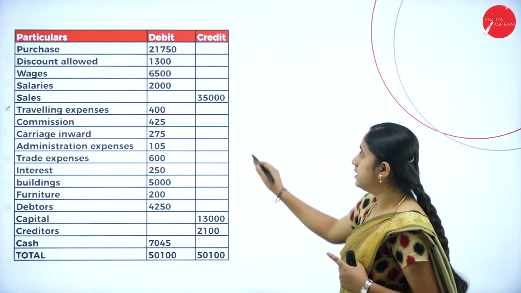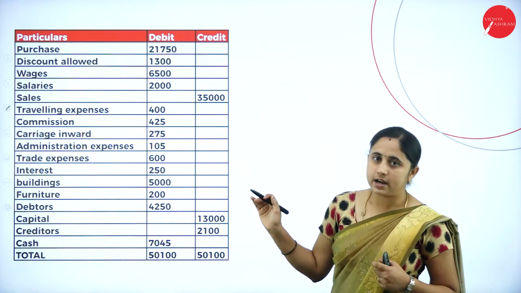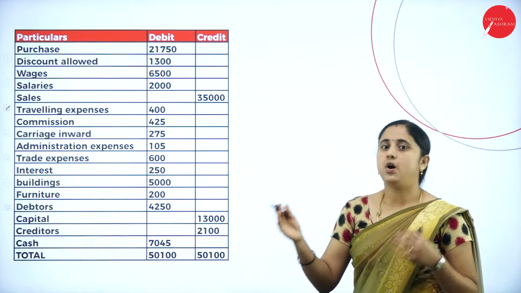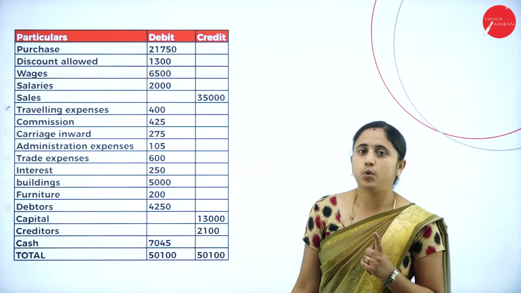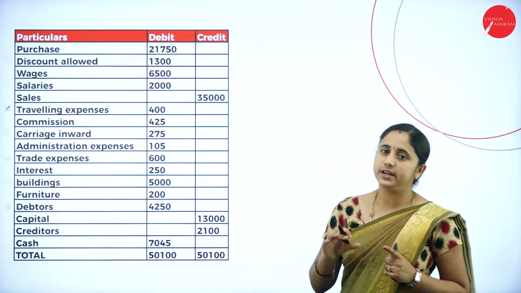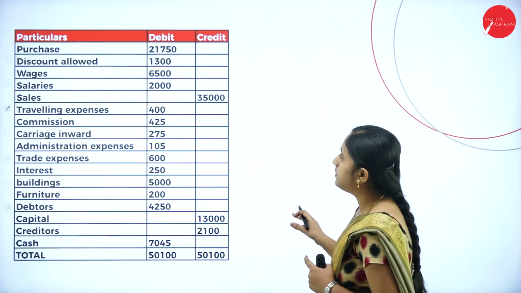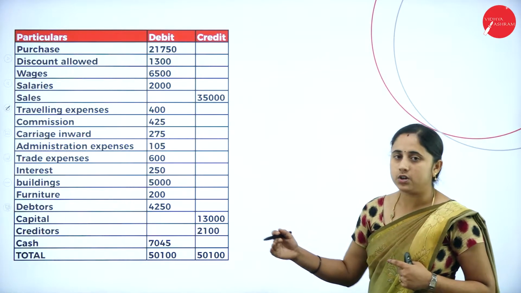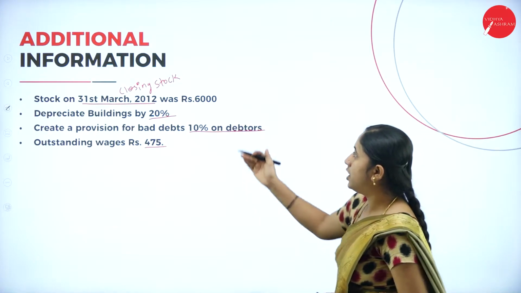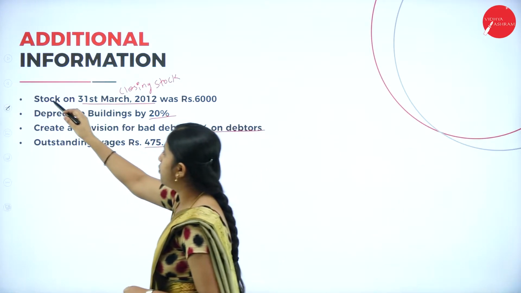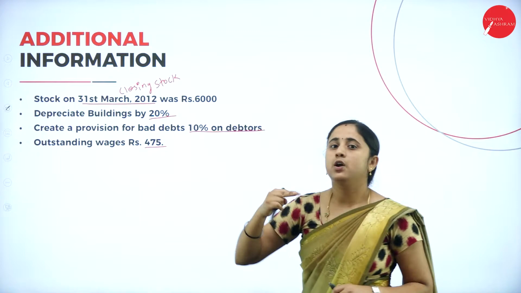The difference between the trial balance and the additional information is that all the trial balance items will be considered once. Either it will come in the trading account or in the profit and loss account or in the balance sheet. But the additional information or adjustment items, these four items you will consider twice.